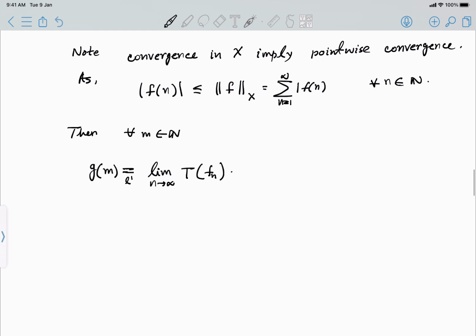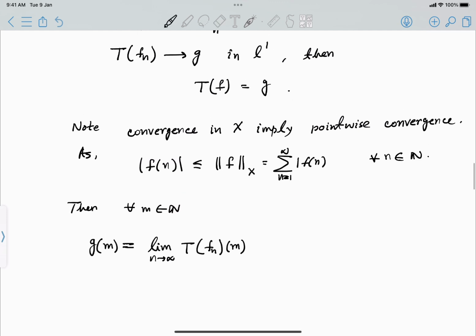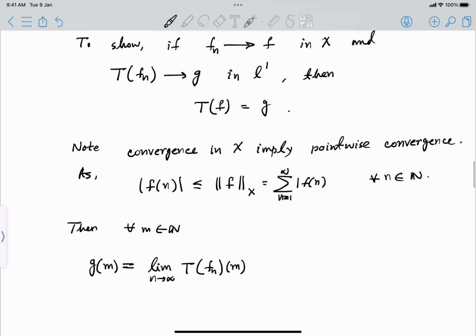Now what is the limit as n tends to infinity of T of Fn? T of Fn is basically at the point m, right? So again this is convergence, L1 implies pointwise, so we can write G of m for each m, this will hold, right?